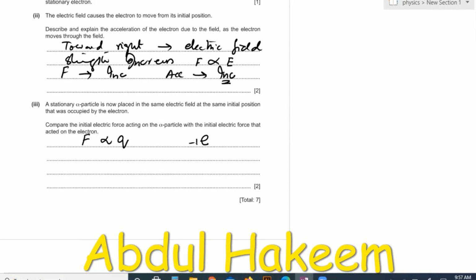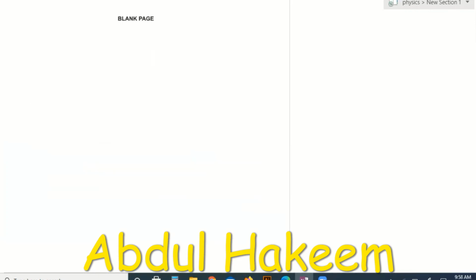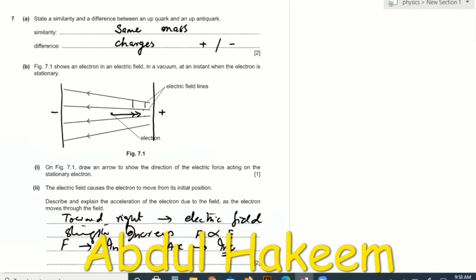Electron has minus 1e and the alpha has positive 2e. So due to double the charge, the force experienced by the alpha will be twice the force experienced by the electron.